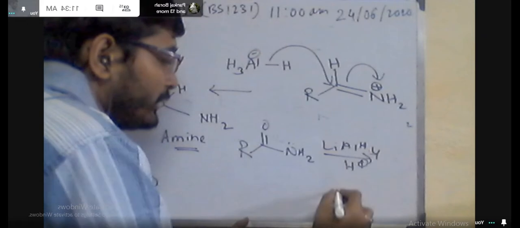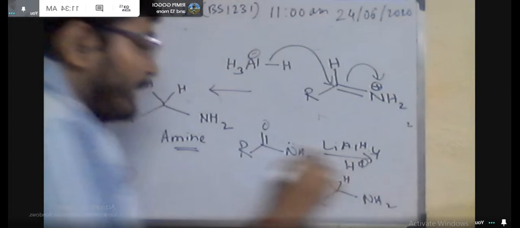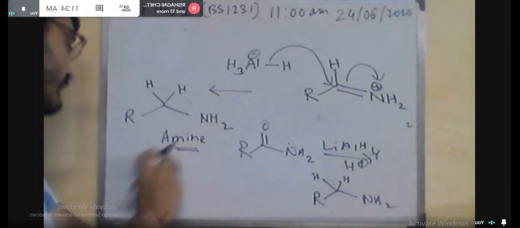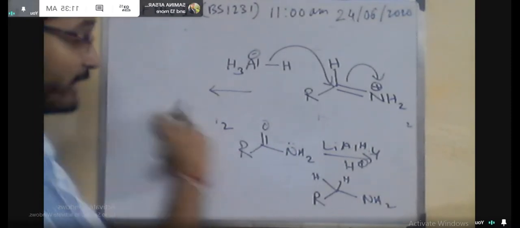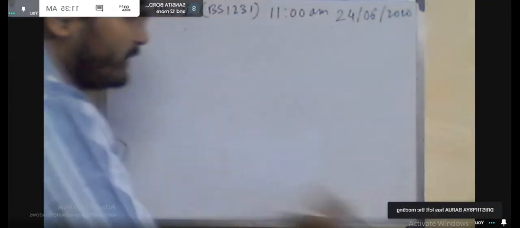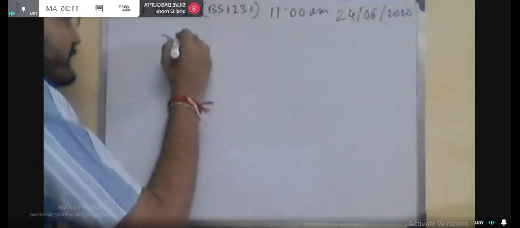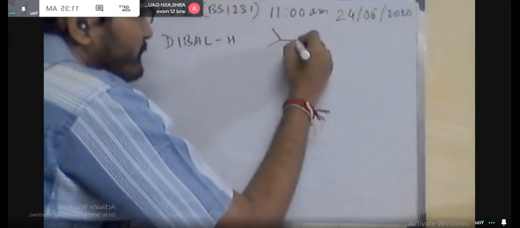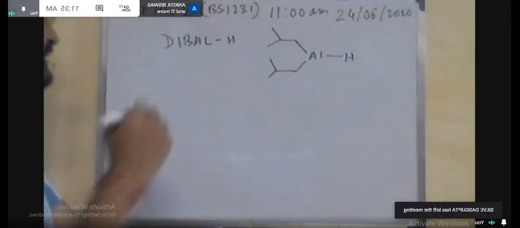If you want to convert ester to the corresponding aldehyde, from ester to aldehyde, in this case, if you use lithium aluminium hydride, you know in the first step it will be converted to the aldehyde and simultaneously it will be reduced to the alcohol, because lithium aluminium hydride is a strong reducing agent. So you can't use lithium aluminium hydride here. You have to use DIBAL-H.